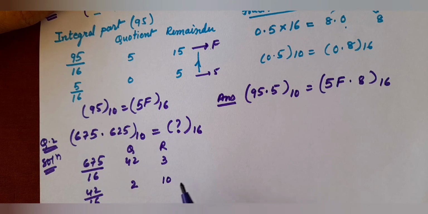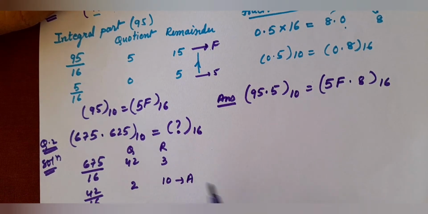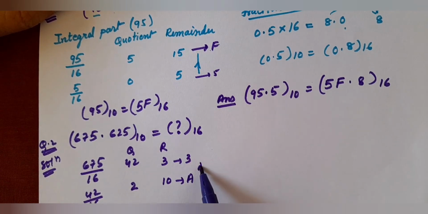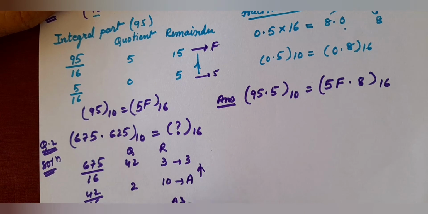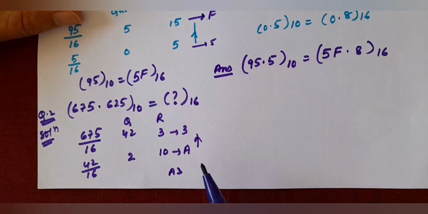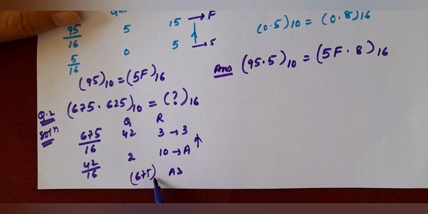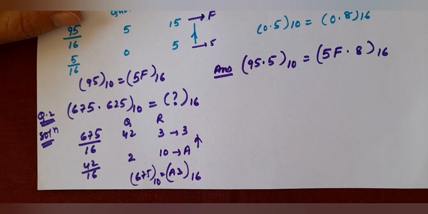What is 10? How do you write 10 in hexadecimal? As A. 3 is 3. So, how to read the answer now? A3. The answer for this integral part is 675 decimal is equal to A3 in hexadecimal.